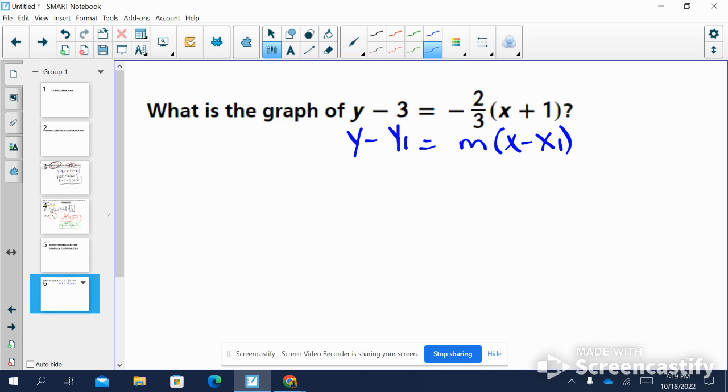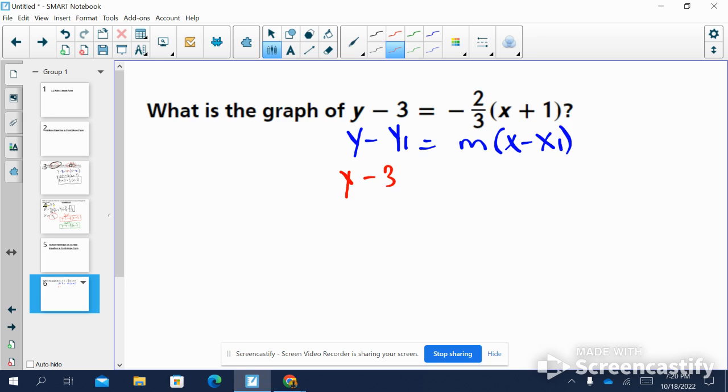So as I'm looking above the x1, I notice that it's a plus 1 in the parentheses, but my formula has a negative. So let's rewrite the equation that was given to us, but using the formula, so making sure that we have that negative in there.